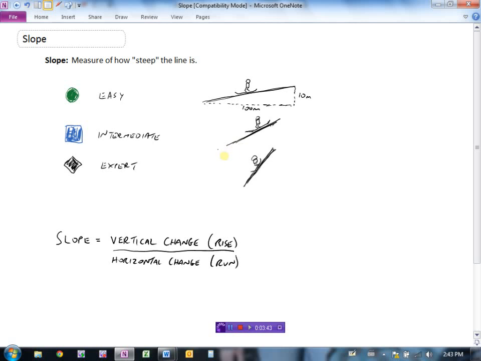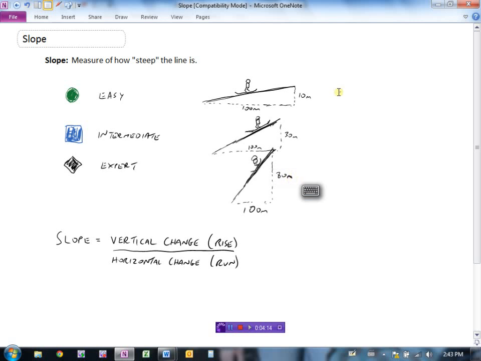Whereas this run, if we went over the same 100 meters, maybe here you've dropped 30 meters. And maybe here for 100 meters, you've dropped 80 meters. Again, just making these numbers up.